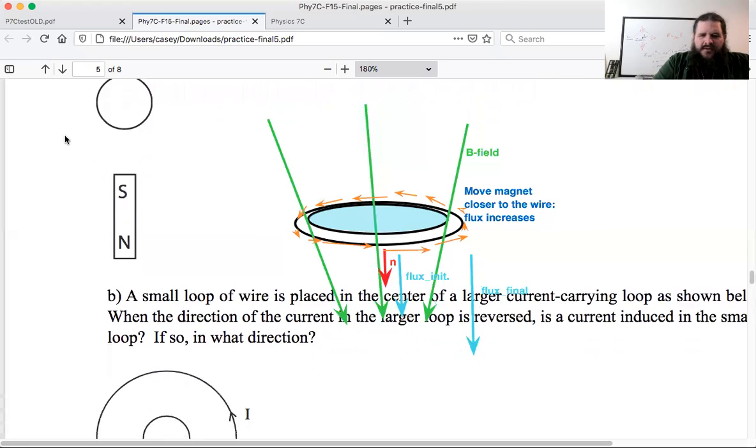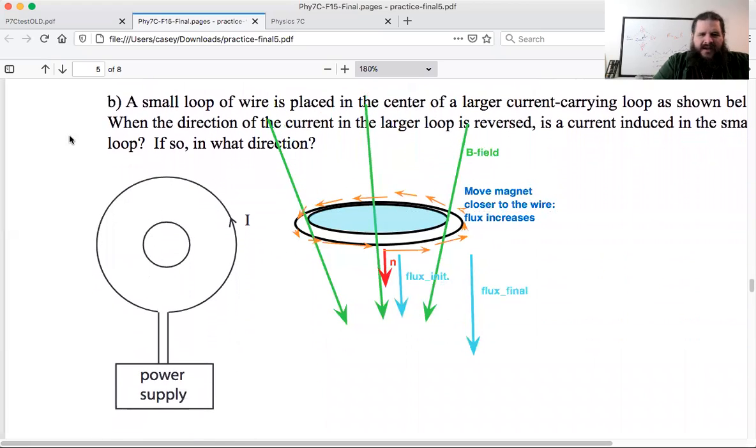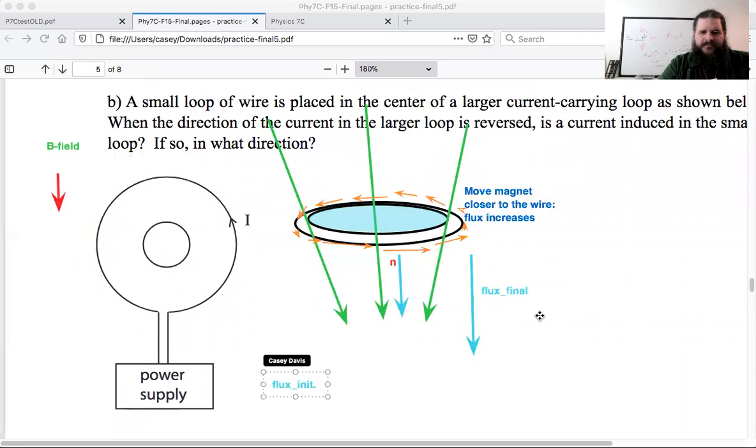All right, so let's take a look at B then. We're going to want to know a magnetic field and a normal vector and what's happening to the flux. So I will keep those. I think we can get rid of the rest.